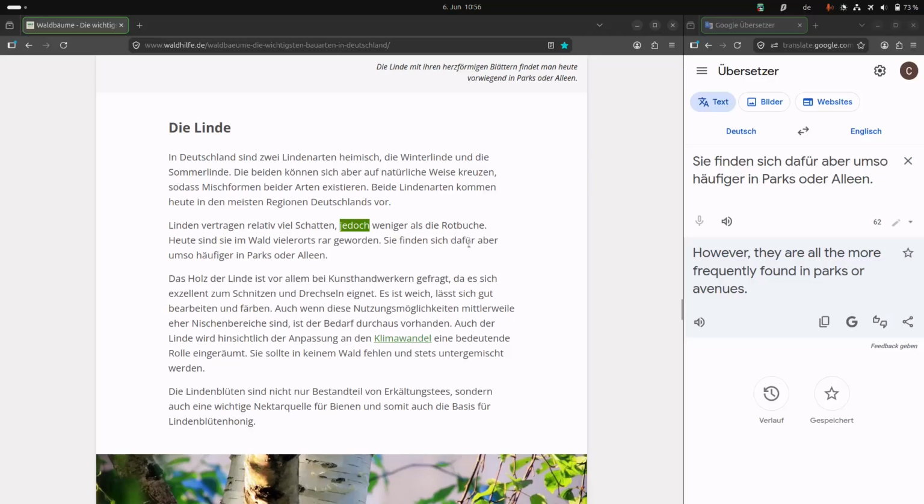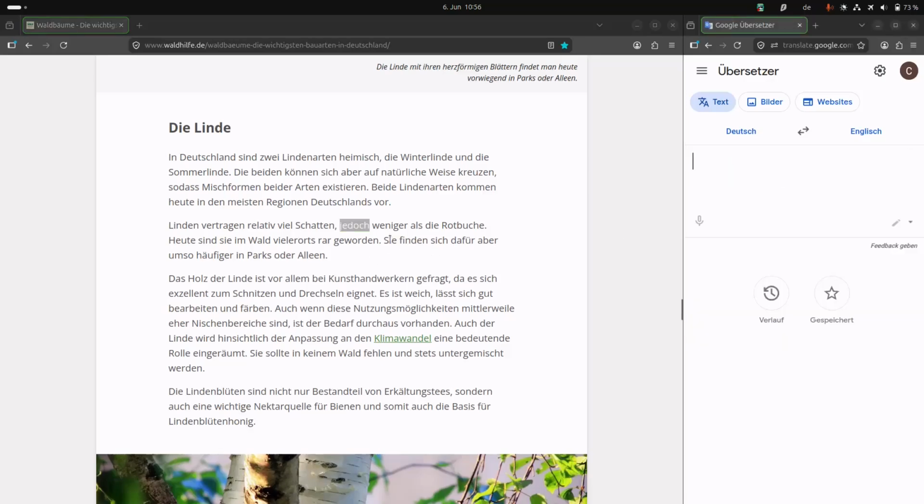So it's kind of though. Sie finden sich dafür, so they find themselves, though you could say, or however. Aber, so this is also this aber from in contrary to. Though they find themselves in contrary to what was said before, basically.